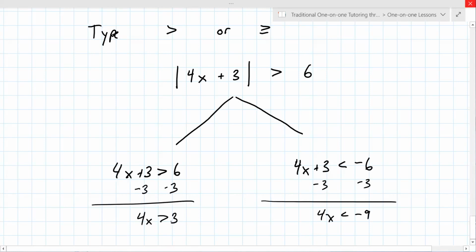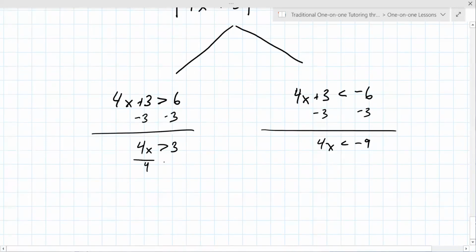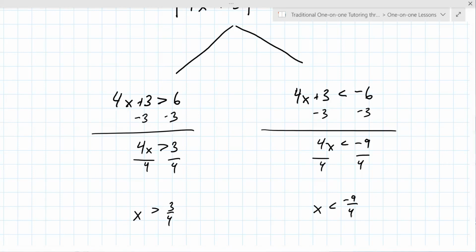4x plus 9, 4x 3. And then isolate the x. X is 9 over 4. All right. Okay, cool.